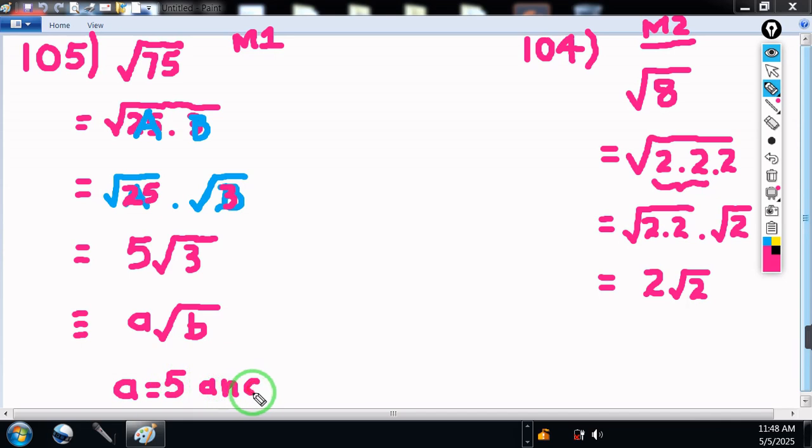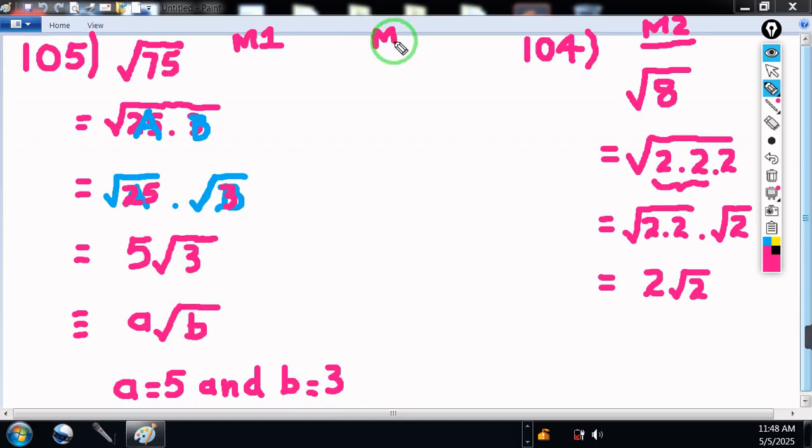So A is 5 and B must be 3 for that form to be satisfied. Don't put root 3, because you only want the B. B is only the 3, not the root. The root is the same. Don't leave it out. A is 5, B is 3. Okay, wonderful. Method 1.